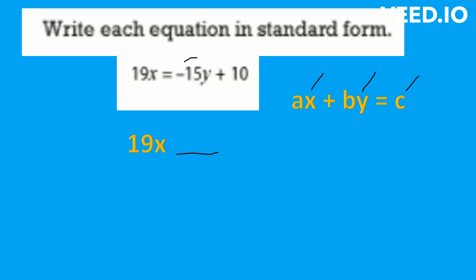So let's get -15y, this y term which is on the right hand side, to the left hand side. Minus 15y, when we get it to the left hand side, it should become plus 15y.